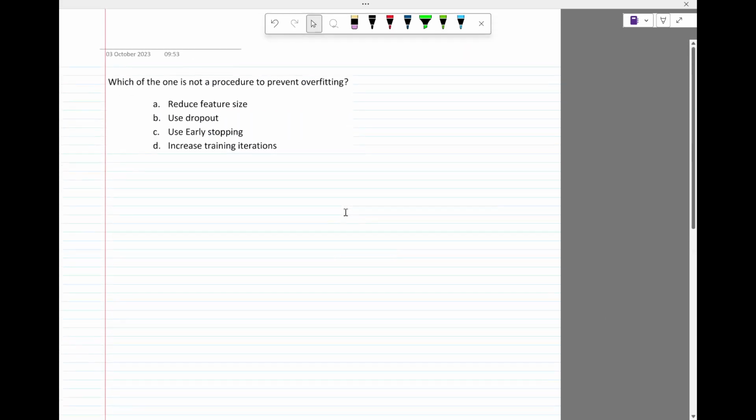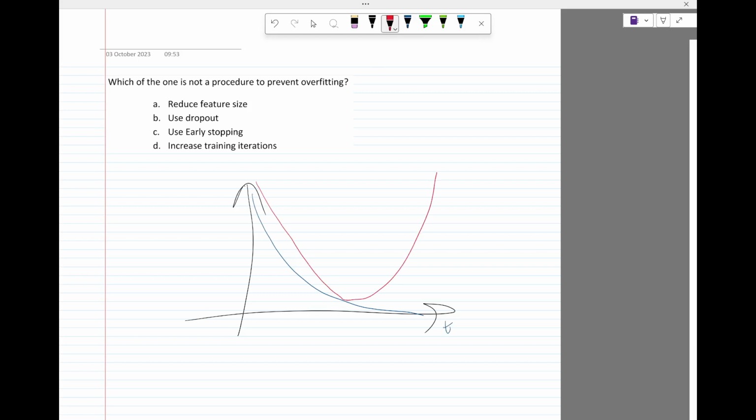So which one is not a procedure to prevent overfitting? The options are: reduce feature size, use dropout, use early stopping, increase training iterations. Overfitting means the plot that we just saw. The training error is decreasing and your validation is like this.